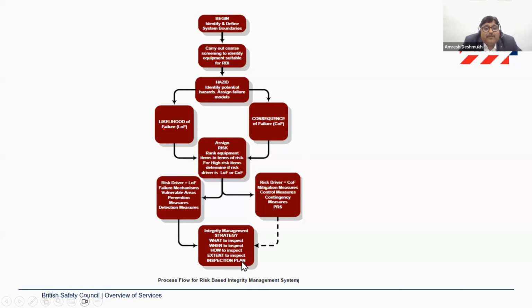Now, this extent of inspection would also mean that I may change my predictive maintenance strategy. I may try monitoring some of the variables like vibration or temperature on a continual basis. The reason of doing this would be I am actually monitoring the various failure modes, the various degradations that might take place.